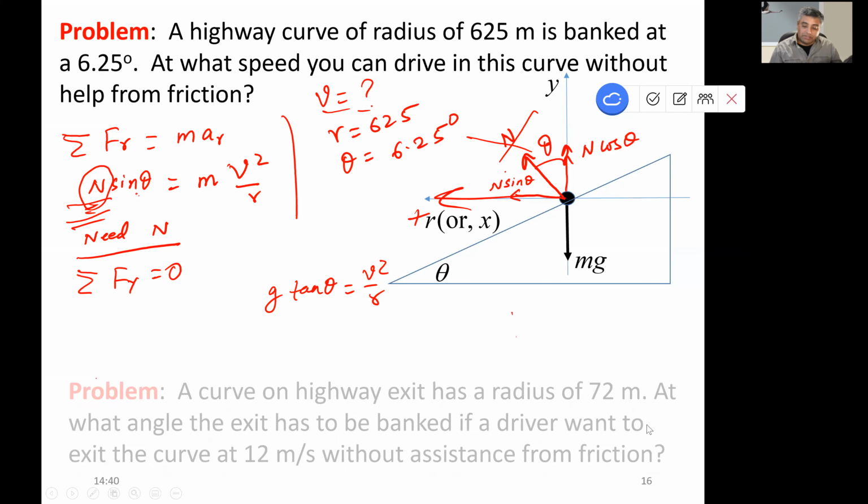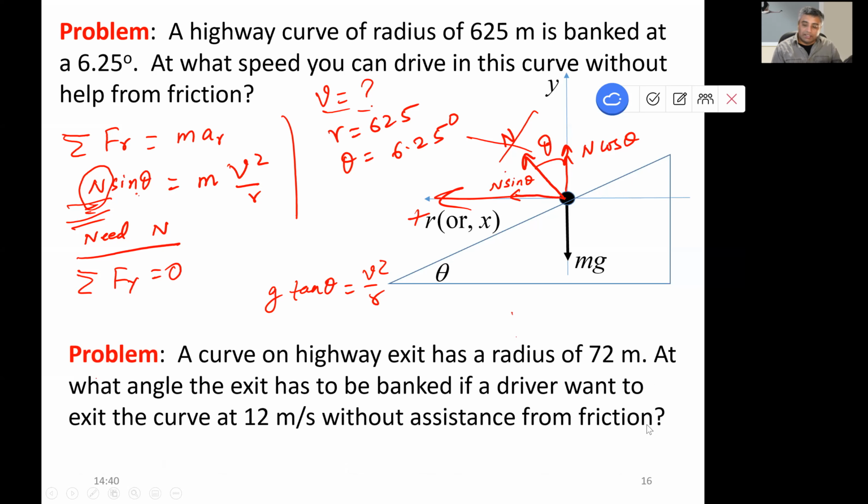So let's take a look. In this case, basically these two problems are the same problem. The only difference is in the first problem, the angle is given and we are asked to find speed. In this problem, speed is given and you are asked to find the angle.